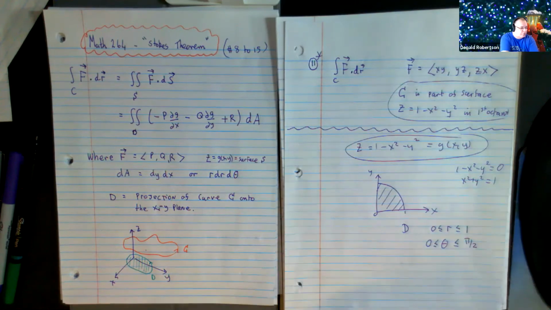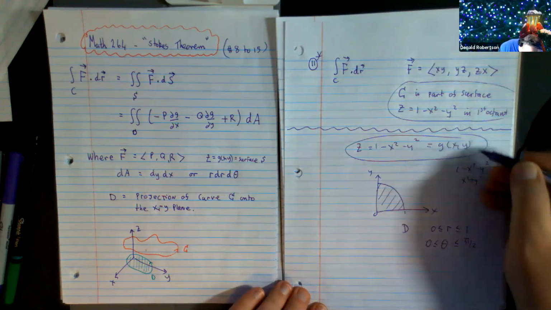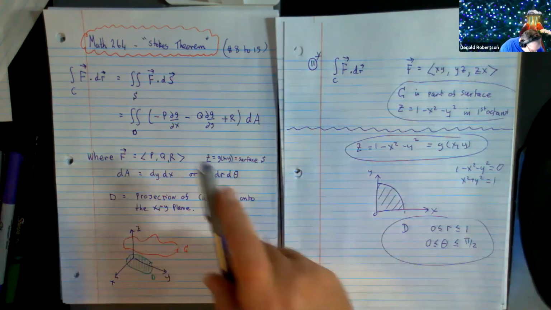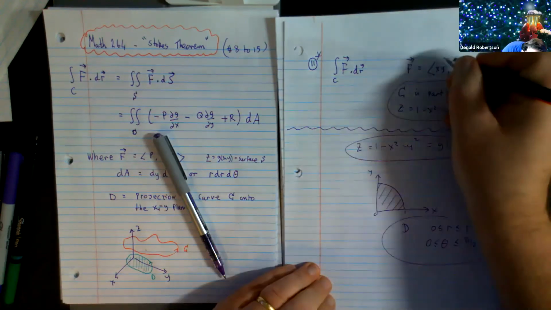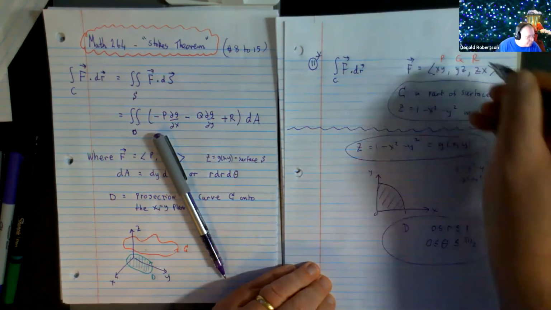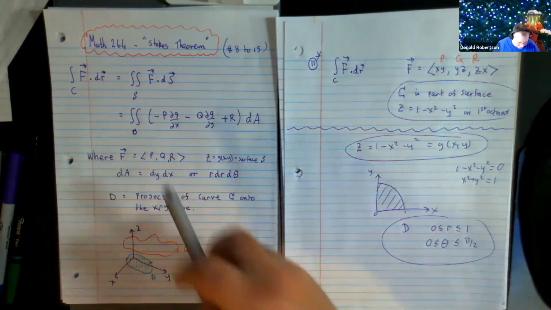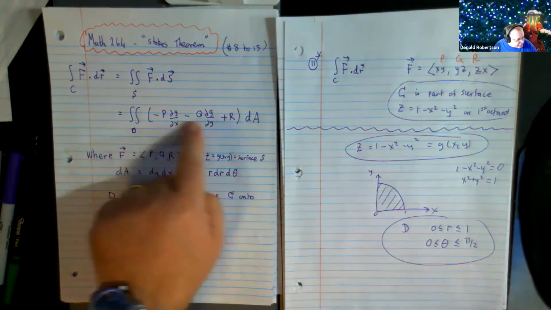Doesn't theta only go from 0 to pi upon 2? We're comfortable with that. So I got my z, I got my D, and I got my P, Q, R. So I am ready to go, ready to start using this guy.